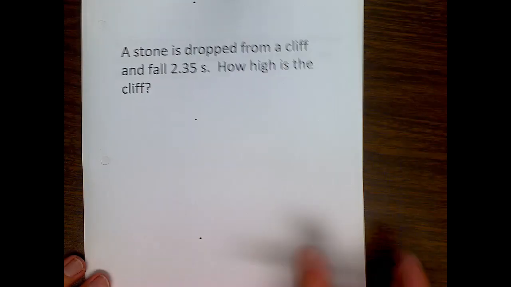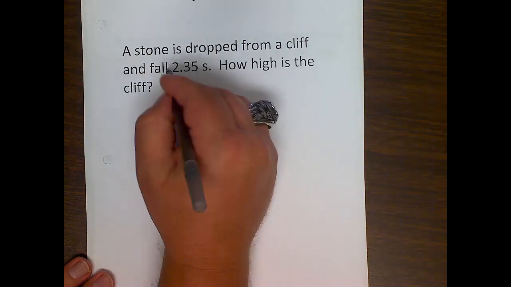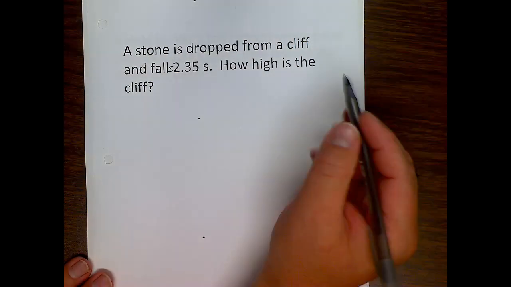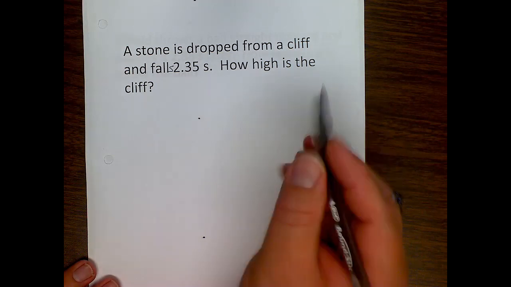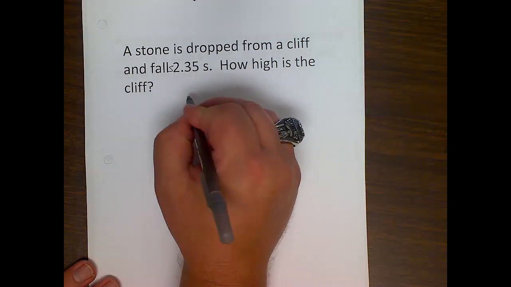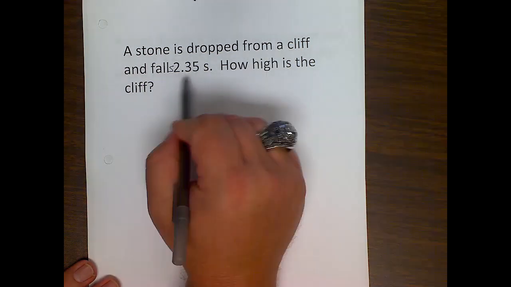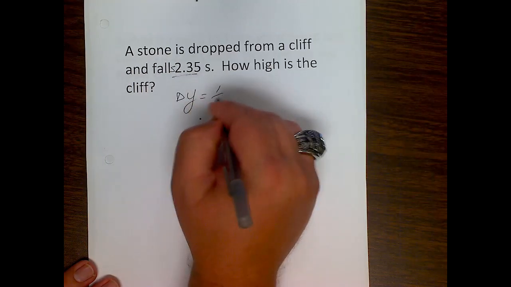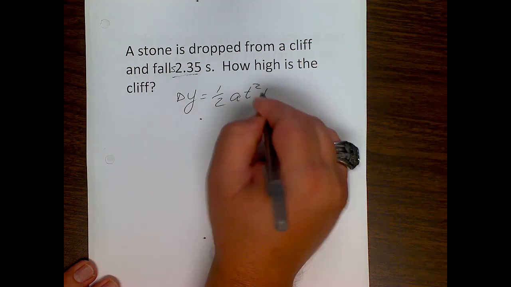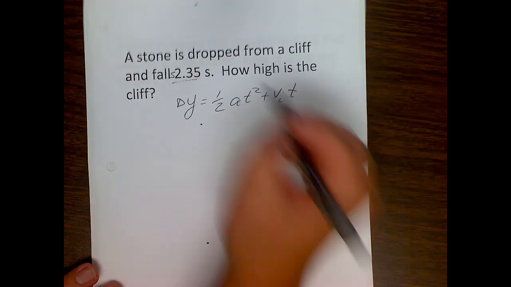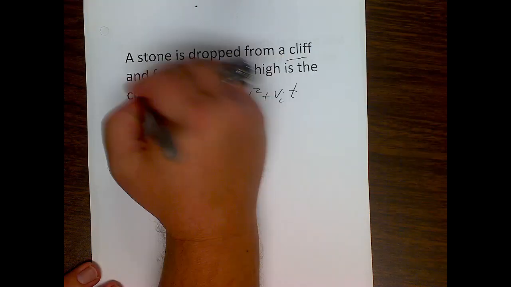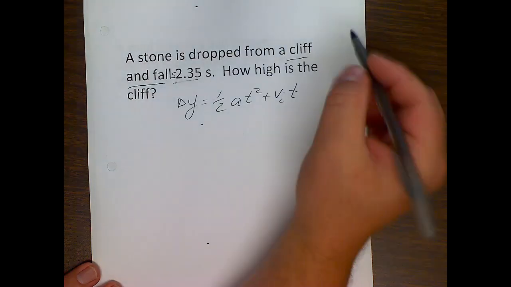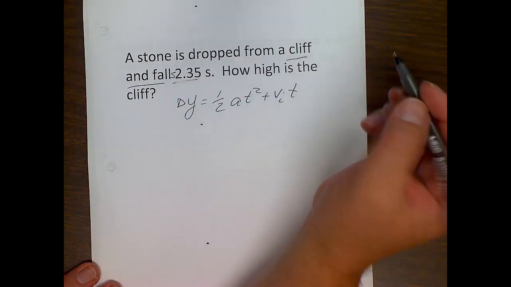A stone is dropped from a cliff and falls 2.35 seconds. How high is the cliff? Well, same thing. We have a time here, so we have delta y is equal to 1/2 at squared plus vit. Now, there's nothing in this to lead you to believe that this problem does not occur on the Earth.